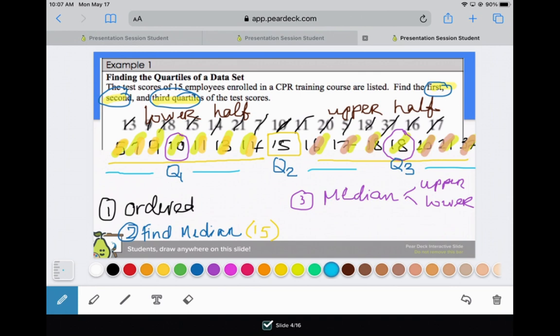Q1, Q2, and Q3 split my data up into 4 equal parts. What do my quartiles do? They split up the data into 4 equal parts. Questions for me on how to find the first, the second, and third quartiles?